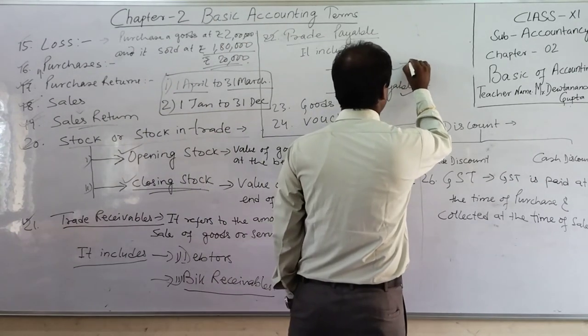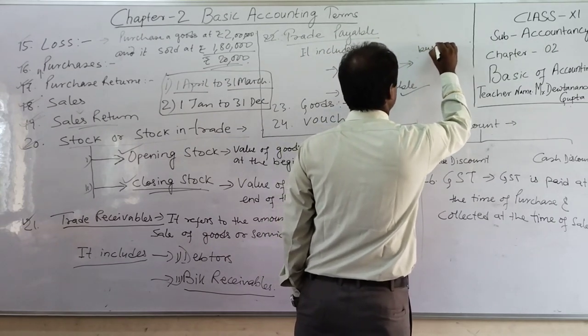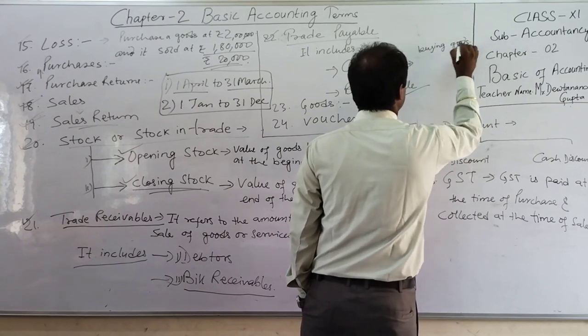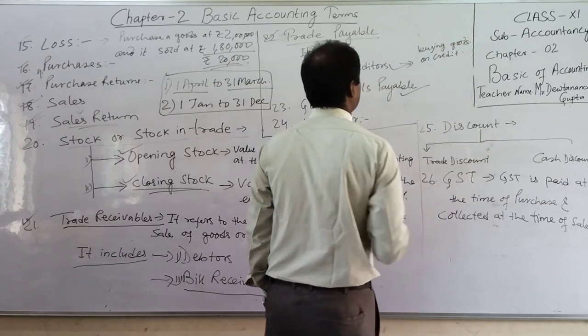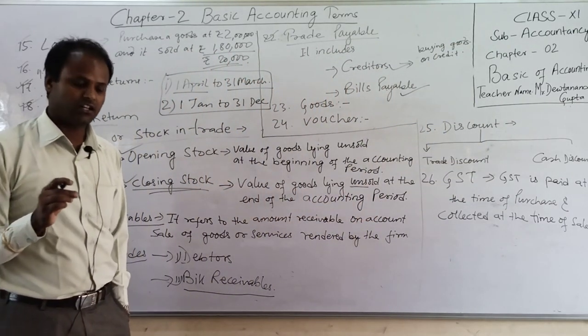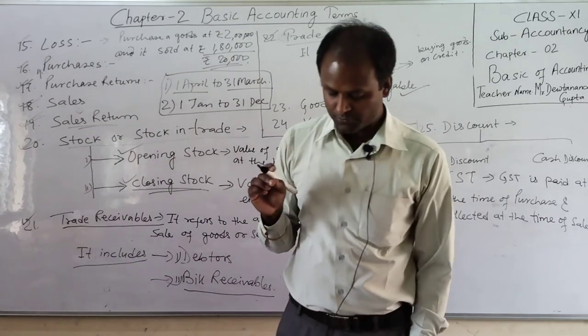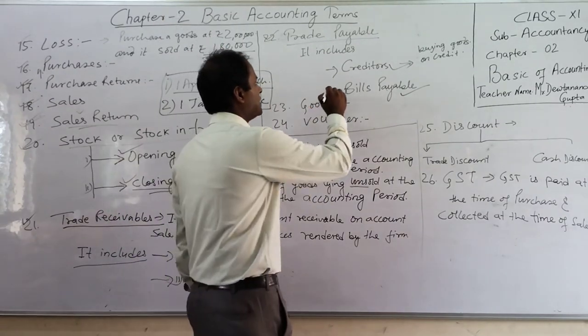Creditor means whenever we are buying goods on credit, the term creditor will come. When it is purchased on cash, no creditor term will come. Then the next one is bills payable.